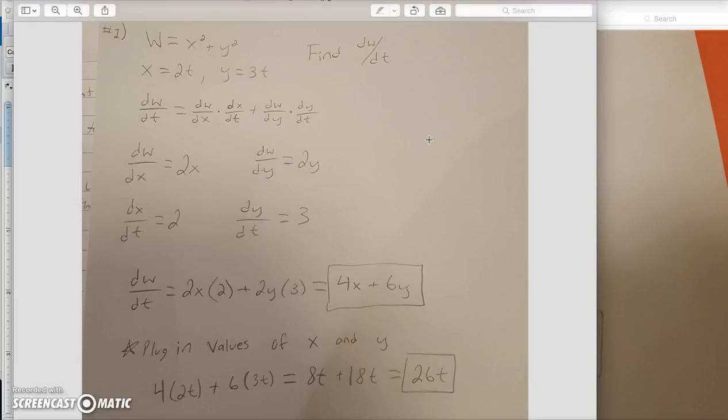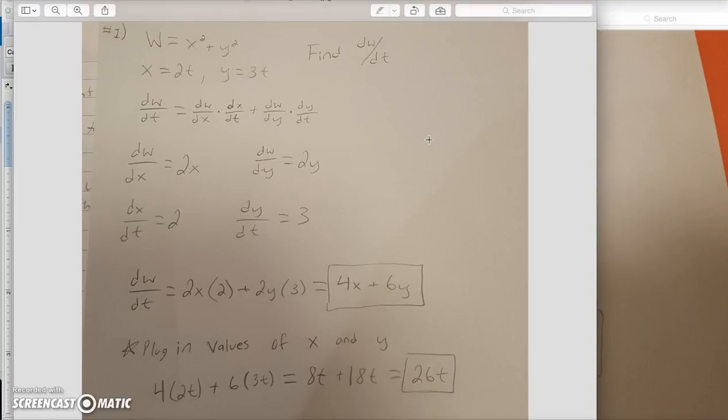So as you see, you have dw over dt would equal 2x times 2 plus 2y times 3, giving us a final formula of 4x plus 6y. And now this could be a formula for the change in w with respect to t, but we want it in terms of t.